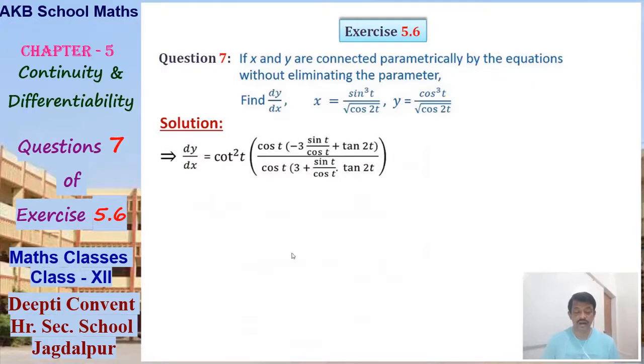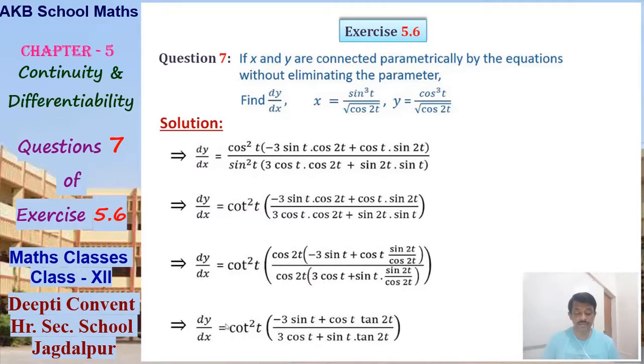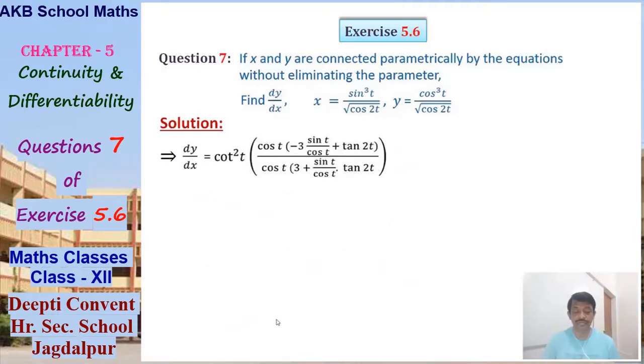Now also taking cos t common from here, also from here cos t. So we get cos t common out like this, minus 3 sin t by cos t, here tan t, tan 2t.